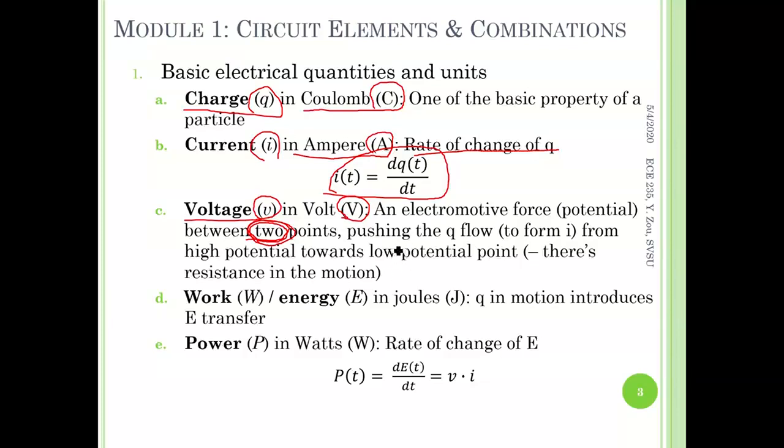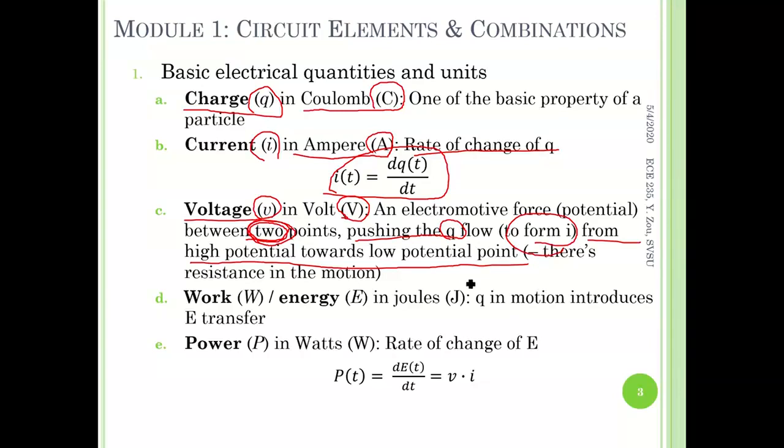With this potential difference, it is going to push the charge to flow from the high potential point towards the low potential point, therefore forming a current. Of course, in the motion of the Q, we have resistance, which is another term we are going to talk about in the future.